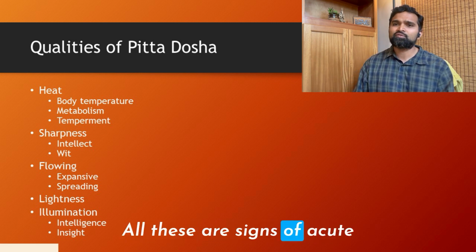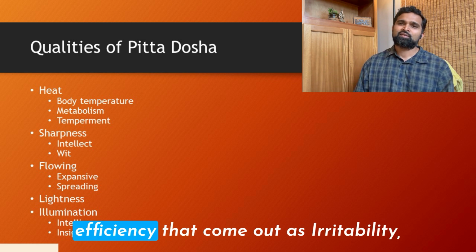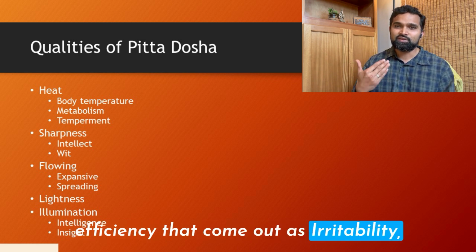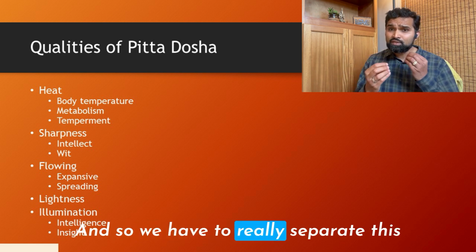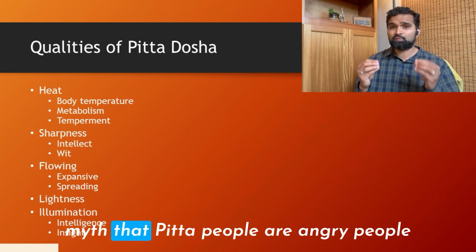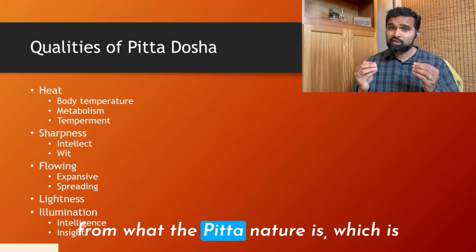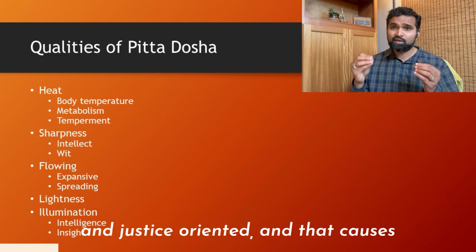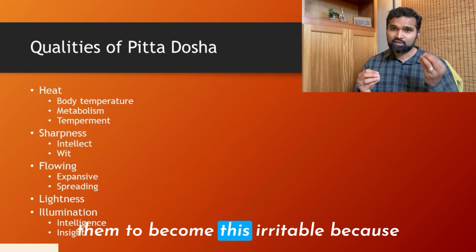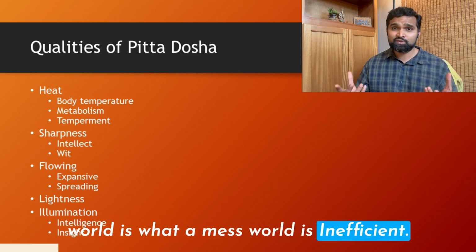All these are signs of acute intelligence and the desire for efficiency that come out as irritability and aggression. We have to separate the myth that Pitta people are angry people from what the Pitta nature is, which is very intelligent, efficiency oriented and justice oriented, and that causes them to become irritable, because the world is what? A mess. The world is inefficient.